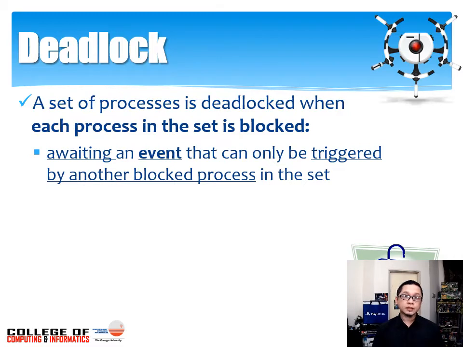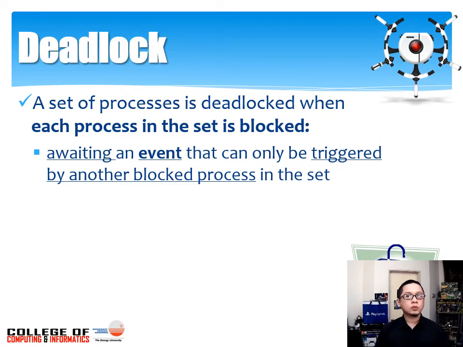In our previous example, A, because it cannot get the resources from B and C, is blocked. At the same time, B cannot get the resources from A and C, and it is also blocked. The same goes for C: it cannot finish because it is waiting for A and B, and hence it is also blocked.